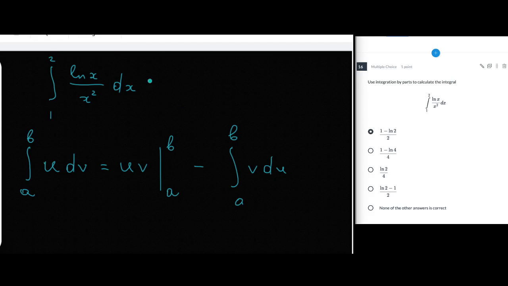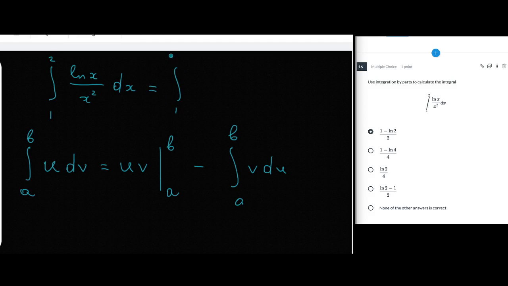Now, one part of our integral is the logarithm of x, right? And the derivative of logarithm of x is 1 over x. Now, 1 over x is a simpler function than the logarithmic function. And so that actually tells us that maybe selecting u equal to ln of x is not a bad idea.